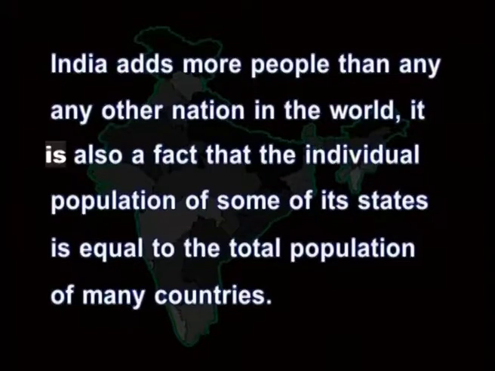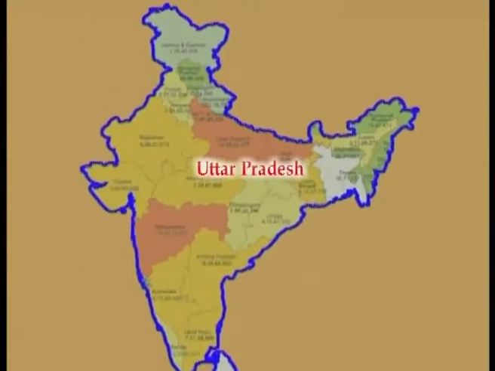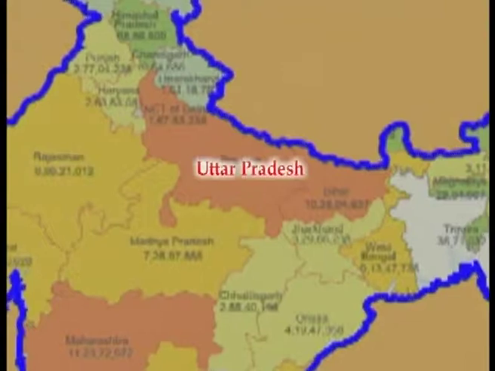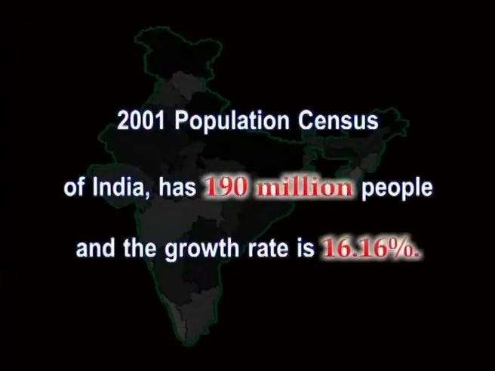Every year, India has more people than any other nation in the world. It is also a fact that the individual population of some of its states is equal to the total population of many countries. For example, the population of Uttar Pradesh almost equals the population of Brazil. As per the 2001 population census of India, it has 190 million people and the growth rate is 16.16%.